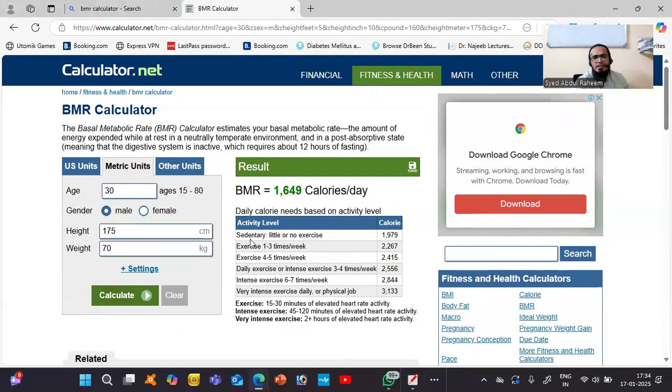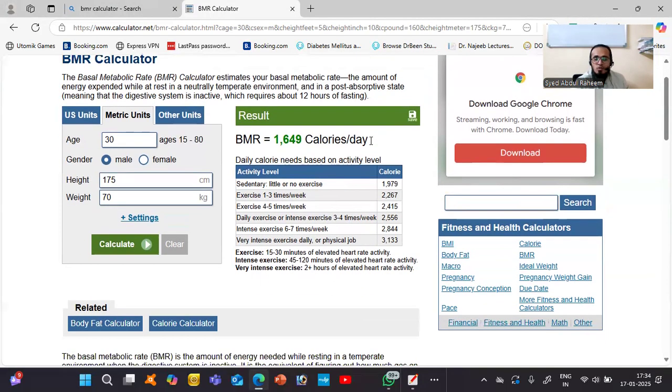If he is sedentary, with no exercise, just doing his homework and daily work, he requires 1979 calories. With light exercise, he requires 2267. With exercise 4 to 5 days a week, 2400.